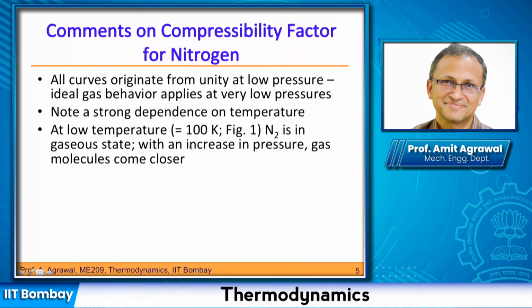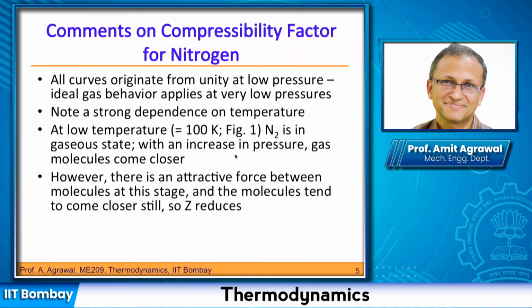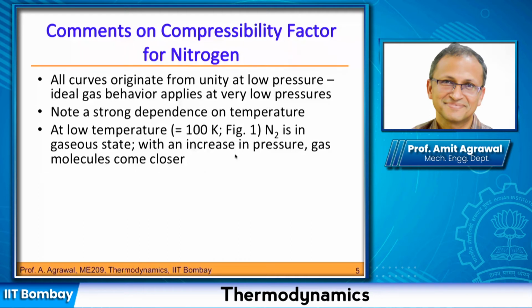We saw that for 100 Kelvin in figure 1, nitrogen is in a gaseous state, which we saw liquefies with an increase in pressure, whereas the gas molecules are now close together. That means that there is an attractive force between the molecules at this stage, and the molecules tend to come closer still.